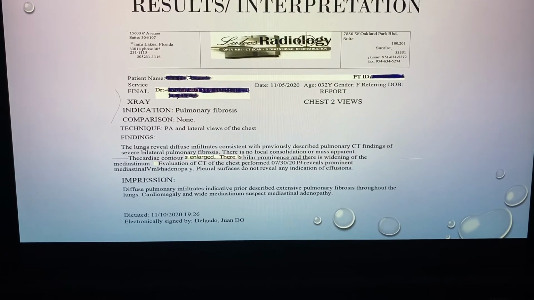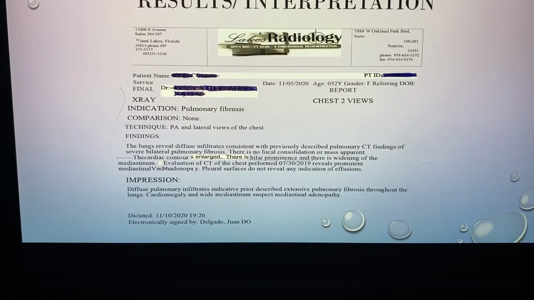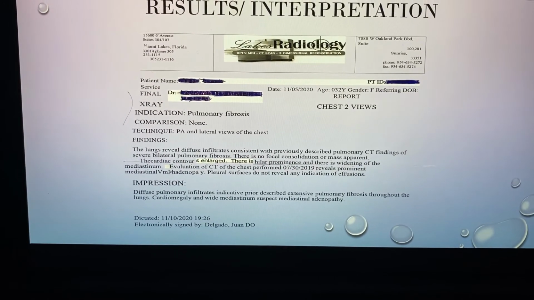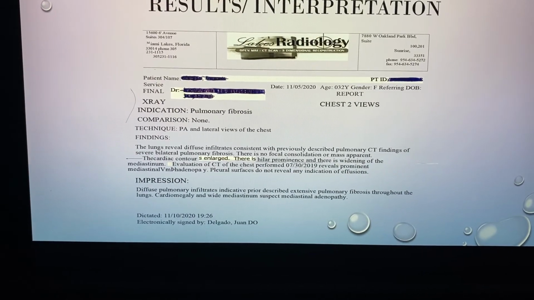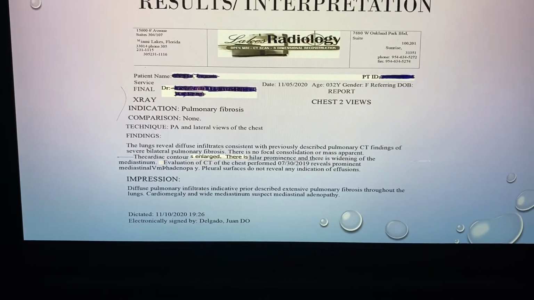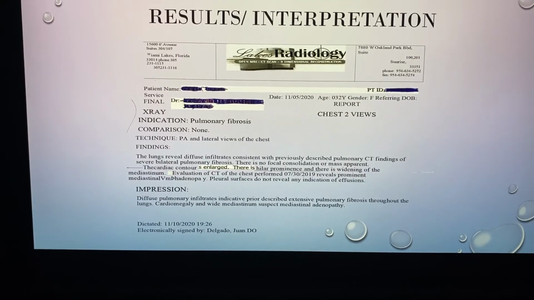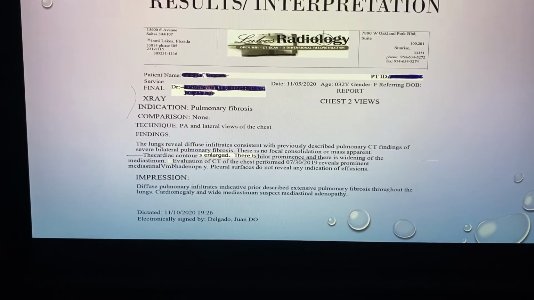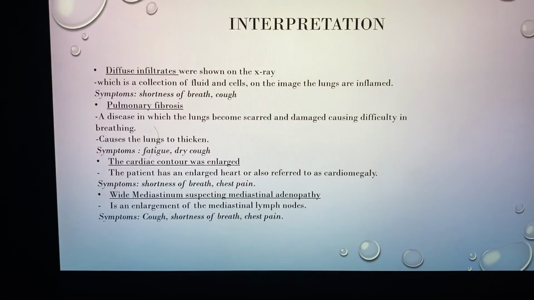There was no focal consolidation or mass apparent. The cardiac contour is enlarged. There's a higher prominence there, widening of the mediastinum. Evaluation of the CT of the chest performed around July reveals prominent mediastinum, and pleural surfaces do not reveal an indication. So I'm going to tell you a little bit more about that.